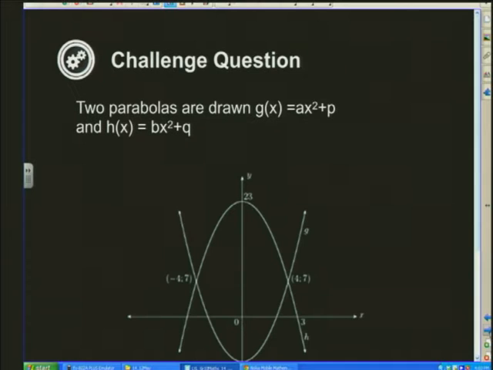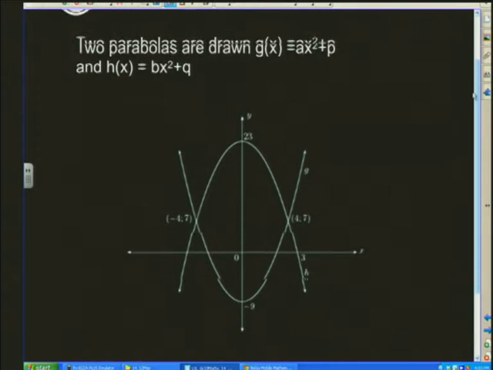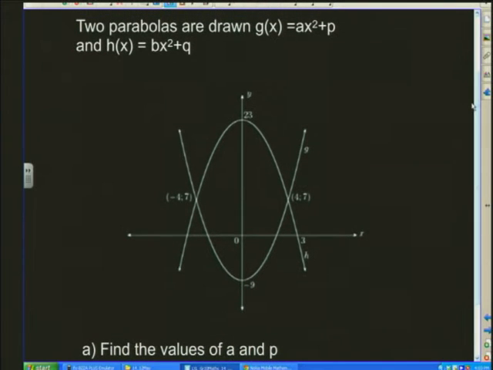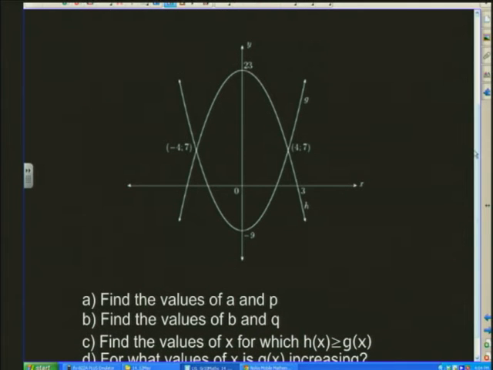I just want to remind you guys about the challenge question for today. Please attempt this and let's see how many of you get it right, and send us your answers and all your questions. We are told that there are two parabolas drawn: g(x) = ax² + p, and h(x) = bx² + q. You are given both those graphs on your system of axes.